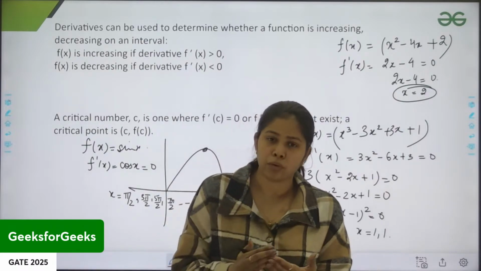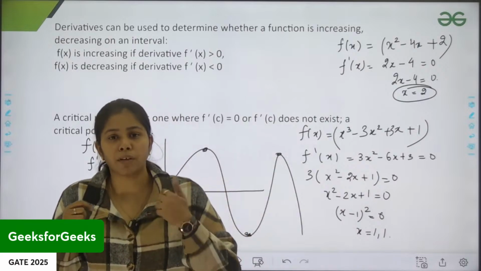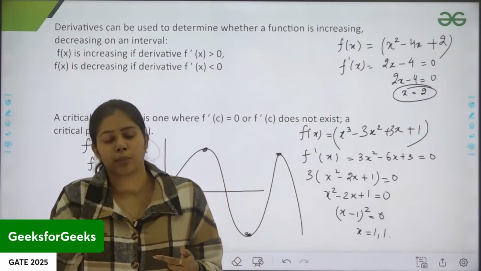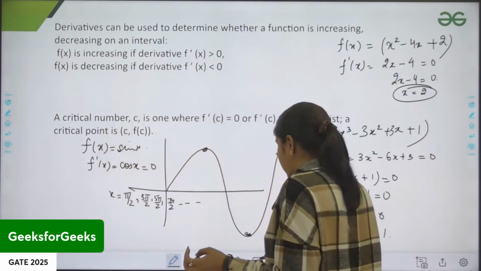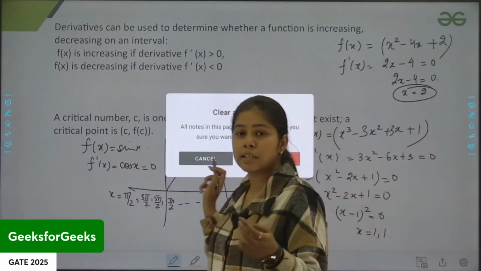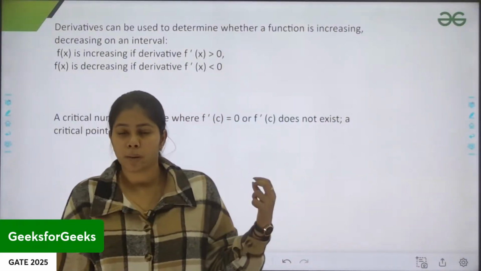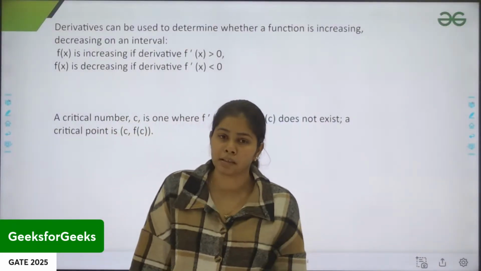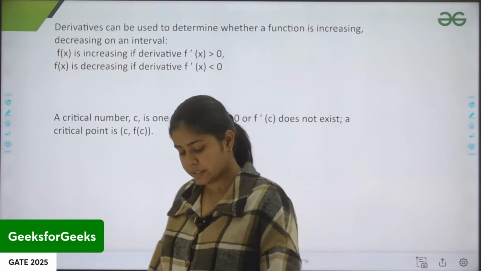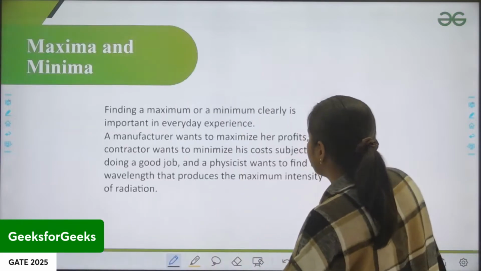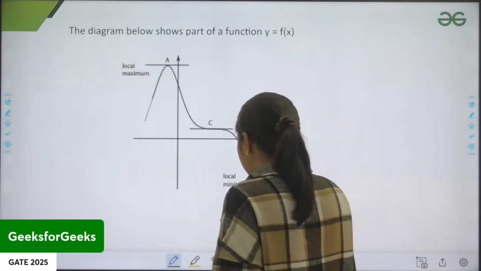But now I have to classify which critical point gives a maxima and which critical point gives a minima, right? That I have to know. Because as we discussed at the start, why we require maxima or minima: we have to minimize the error, right? So I have to find the minimum value of a function. So this we already discussed, maximum, minima.